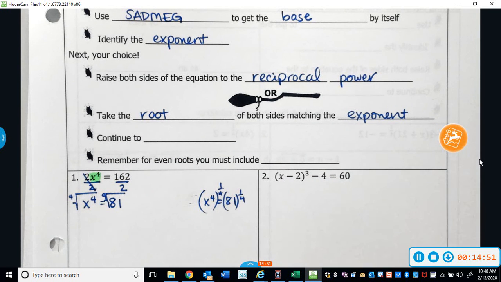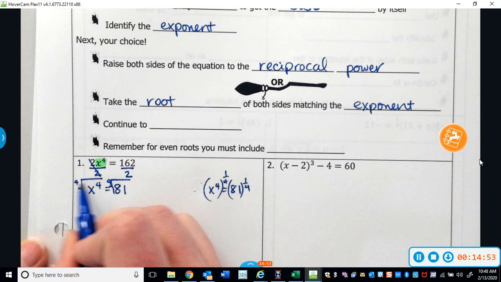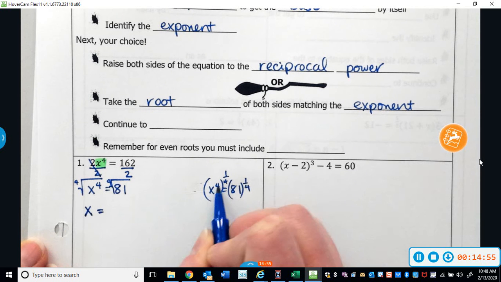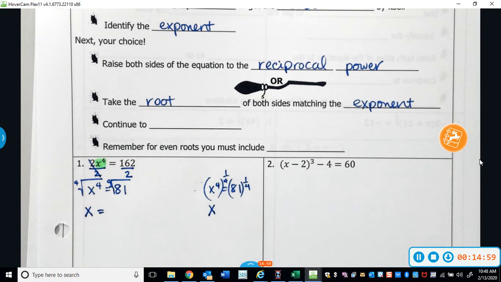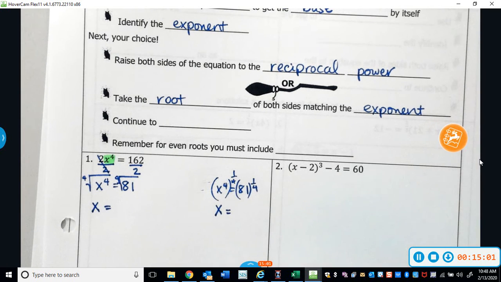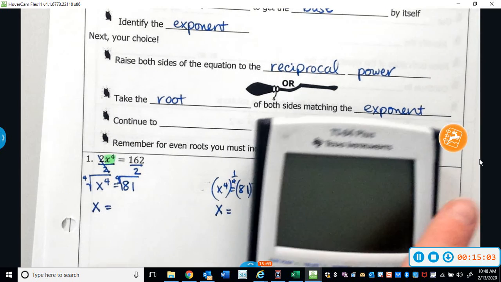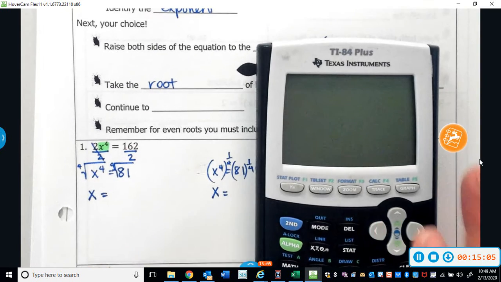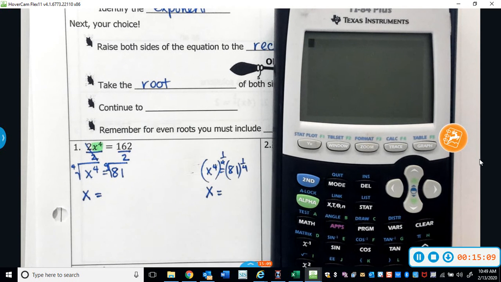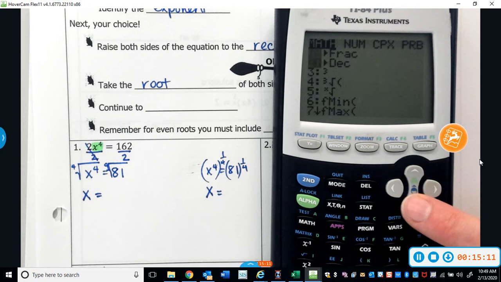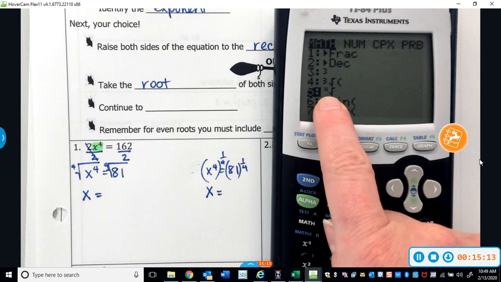Okay. So whichever way you prefer, no matter what, these are going to undo each other, which leaves me with just x. When I multiply those exponents together, that gives me just 1, so I have x to the first power. And then if I take the fourth root of 81, just to review how to do that using your calculator, you could take the square root twice. Or if you go to your math menu, number 5 here will let you type in whatever sort of radical you want.